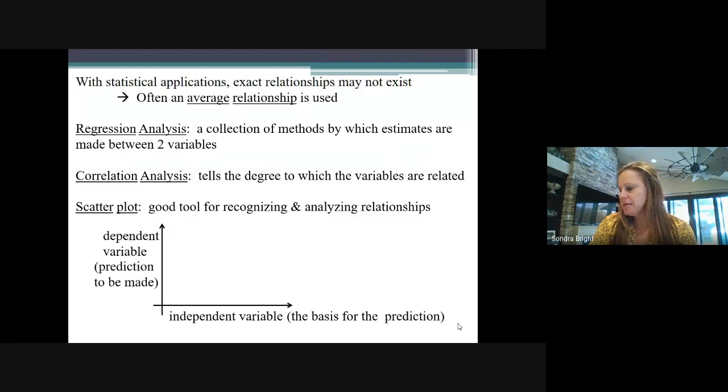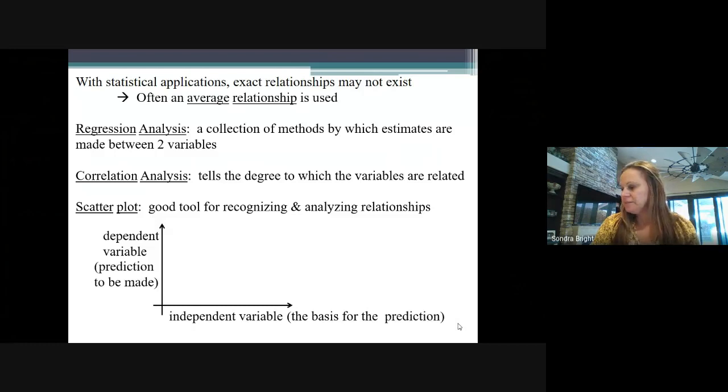When we're talking about correlation, there's not always an independent and a dependent, so sometimes these graphs could be plotted either way. But if we can say the one depends on the other, then we use the horizontal axis for the independent and the vertical axis for the dependent. Pause this if you have not finished writing it down.